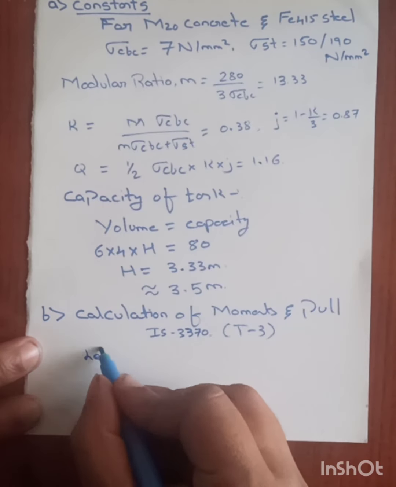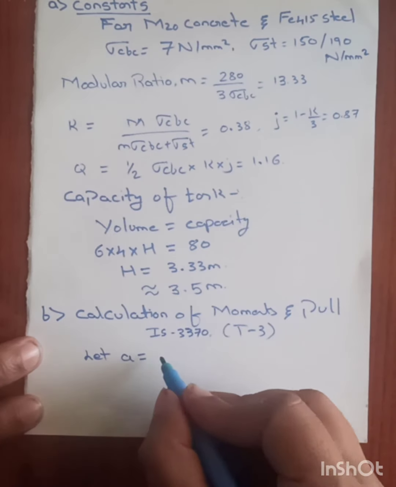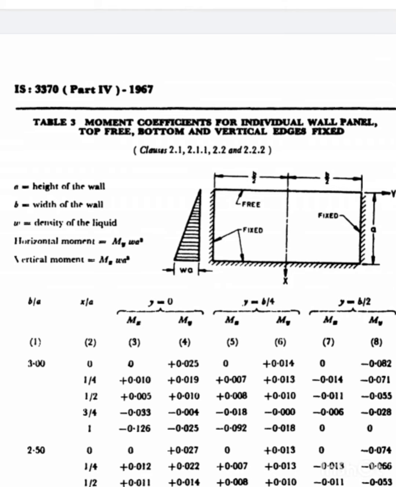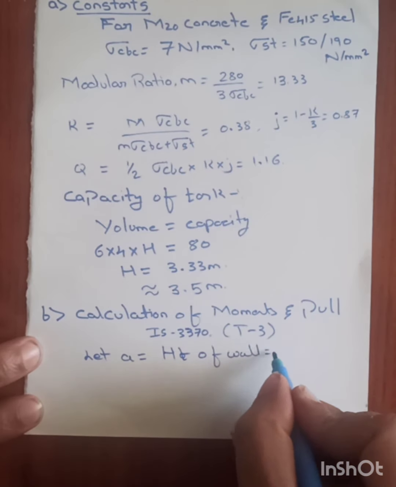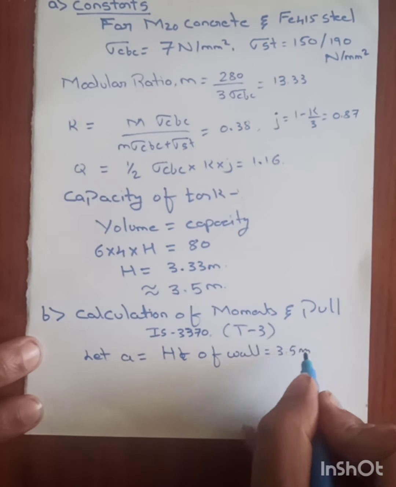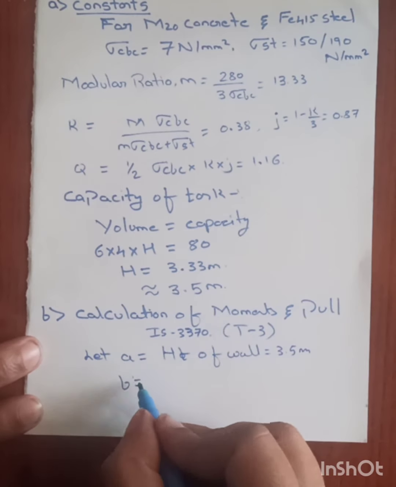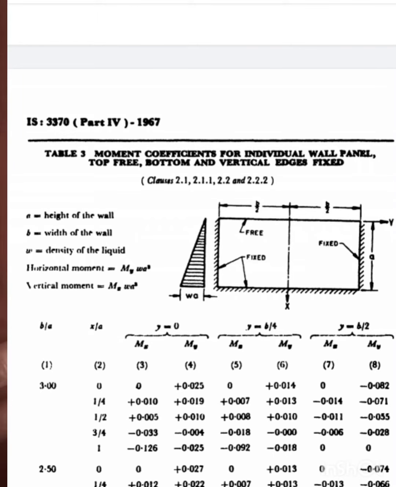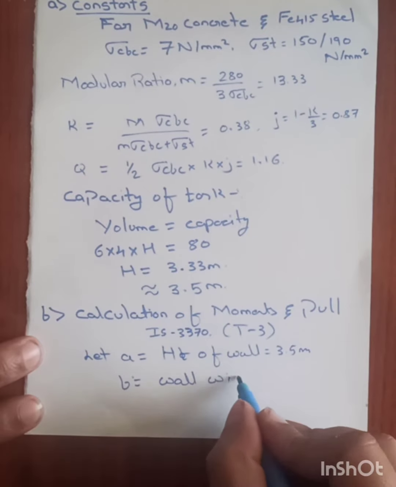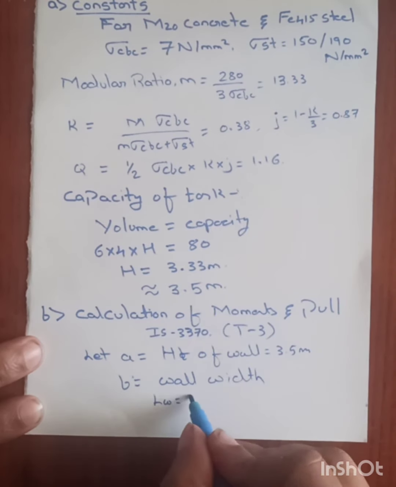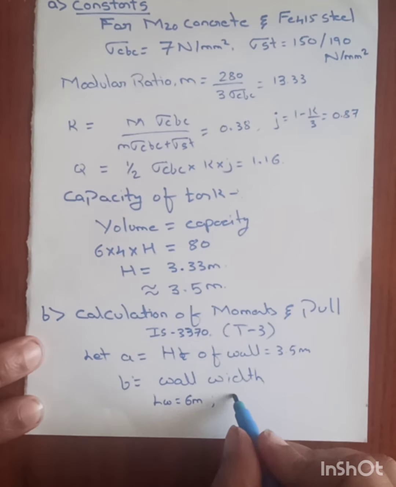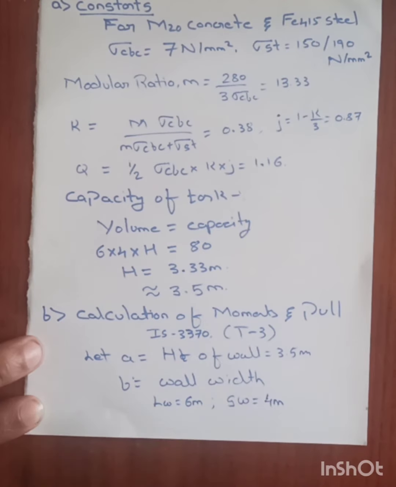Let A be the height of wall, which is 3.5 meters. B is the wall width. In the longer direction, the long wall is 6 meters. In the shorter direction, the short wall is 4 meters.